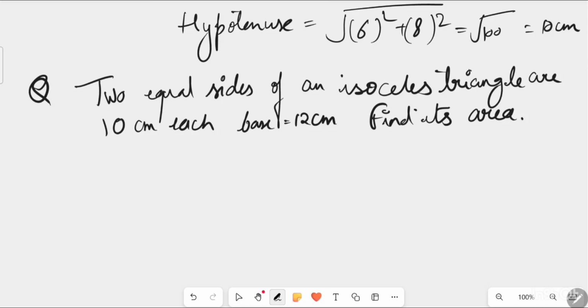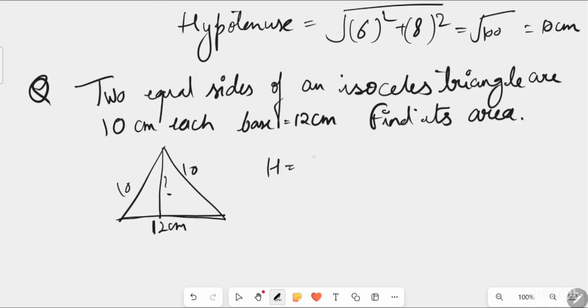So two equal sides of the isosceles triangle are 10 centimeter and the base is given, 12 centimeter. So we can find height.